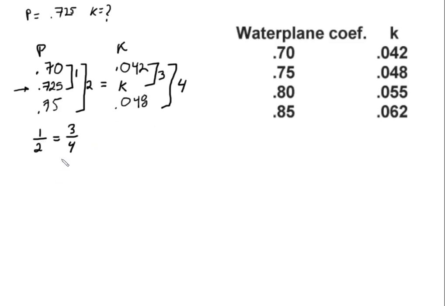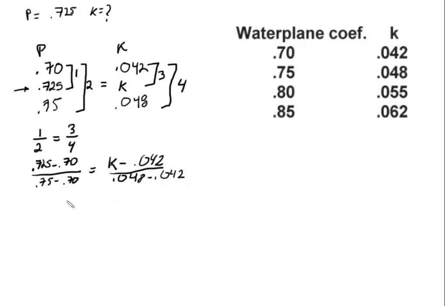Now 1 is going to be 0.725 minus 0.70, divided by 0.75 minus 0.70, equals, since I don't have a number for K, I'll let it be the variable K, minus 0.042, divided by the whole outside, 0.048 minus 0.042.